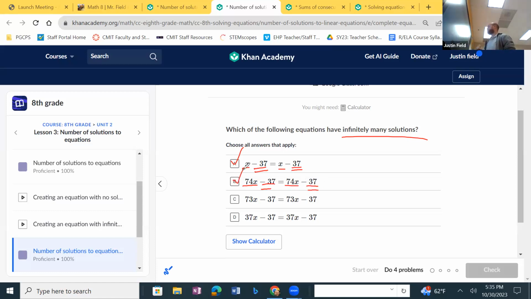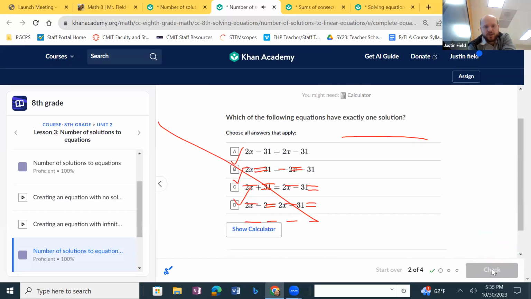So B has infinite solutions. In C, same thing, everything's the same, infinite solutions. And in D, same. That's crazy. What a question. They are just all the same. So I'm checking them all. Let's find one that's different.